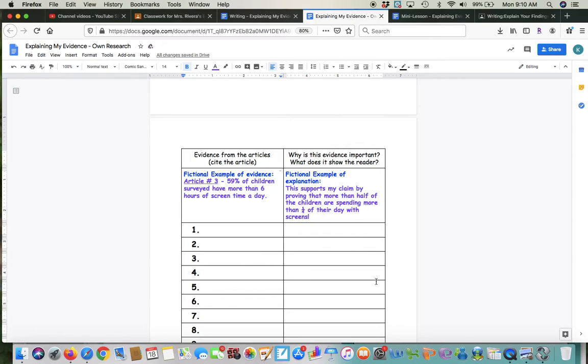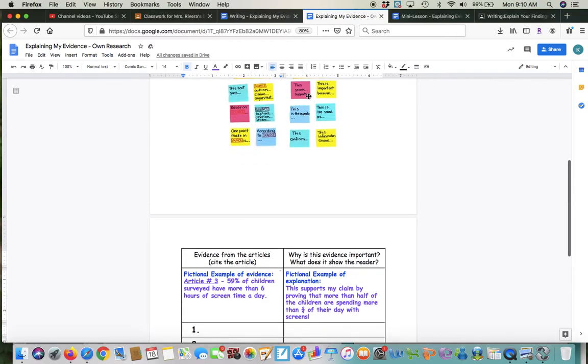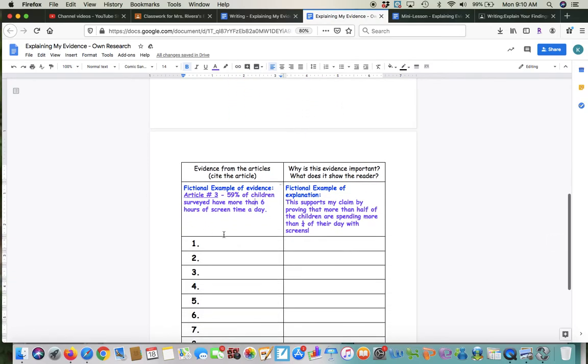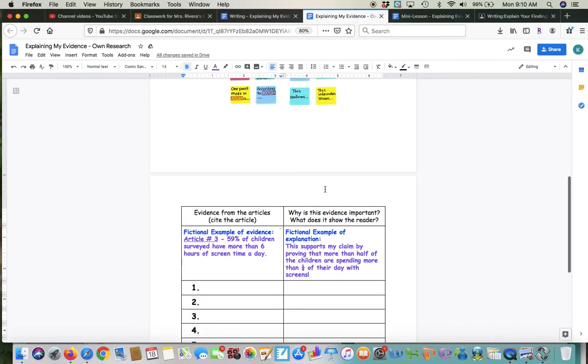This is the explanation side. They even used one of these sentence starters here: "This supports my claim by proving that more than half of the children are spending more than a quarter of their day with screens." So they took their evidence and explained it using the sentence starter too.